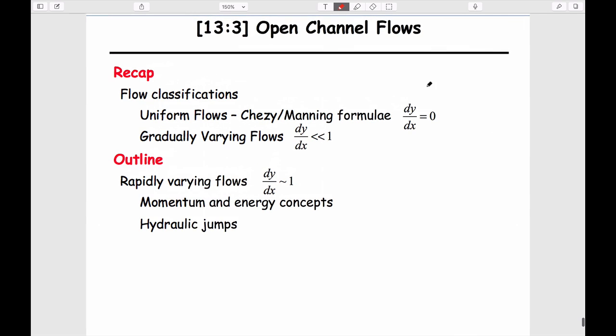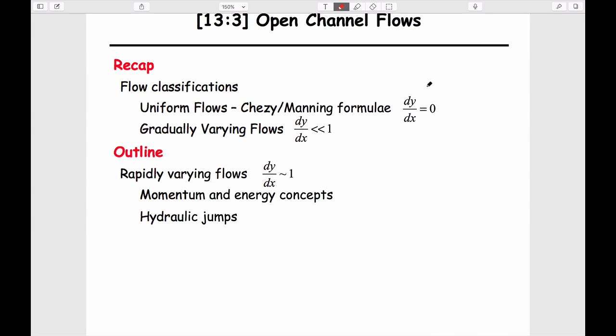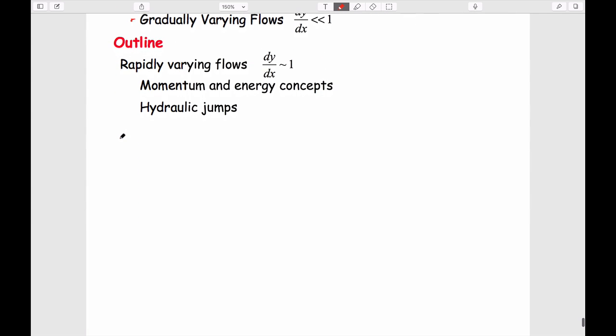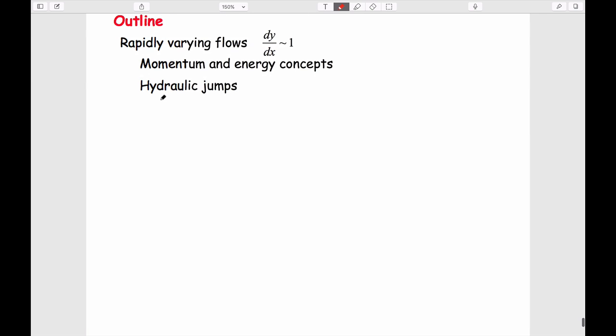So let's talk a little bit about where we were. We dealt with this a while back, and that is the simplest form. We were talking about gradually varying flows, and it's perhaps useful to recap where we were with that, because that leads into us being able to talk about these different behaviors.